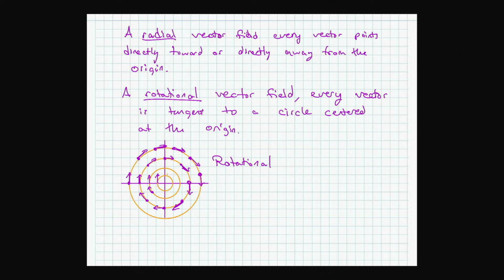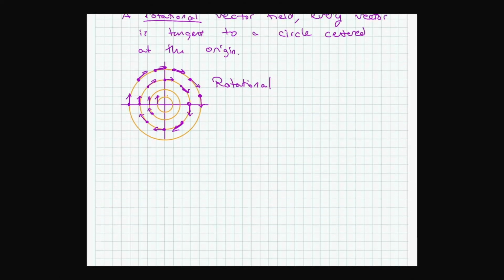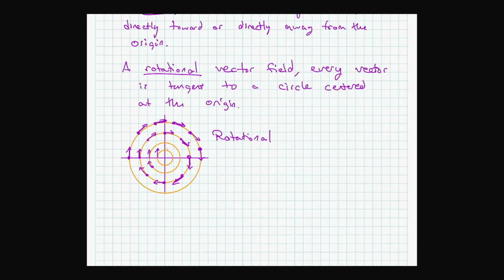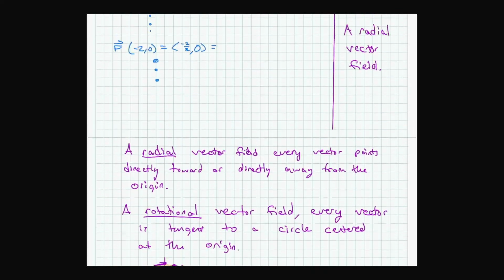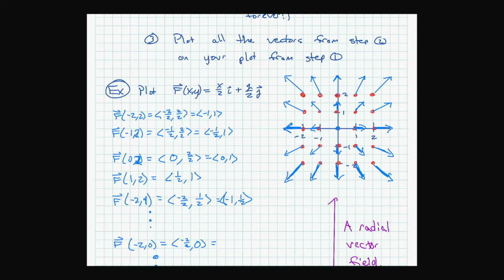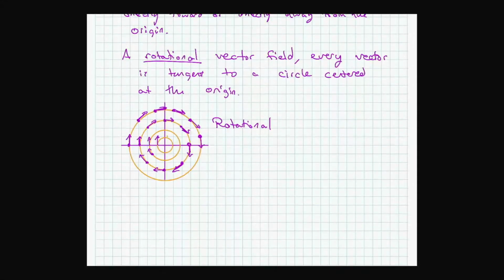Any vector field that was known to be rotational might satisfy some theorem. So that's why we care. For now, just kind of know what they look like. Radial means out from the center or in towards the center. Rotational means around, goes around a circle. Okay, that's just what they are.